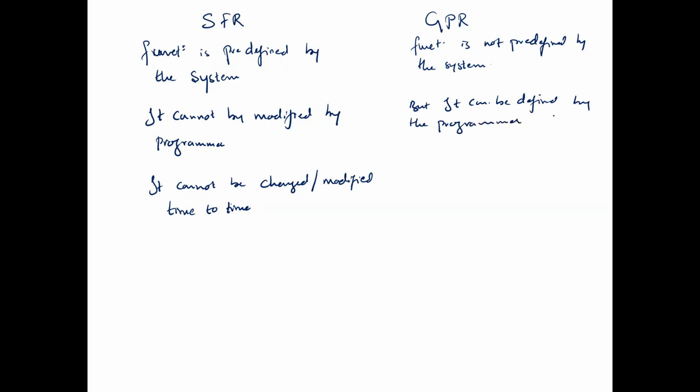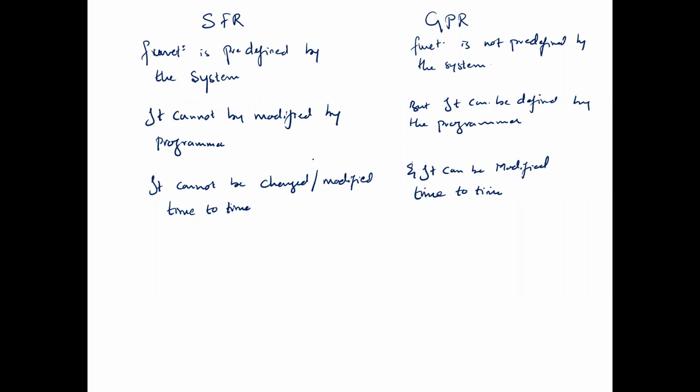If it is defined by the programmer, will it remain the same forever? No, it can be defined by the programmer and it can be modified from time to time. So these are the differences between SFR and GPR.